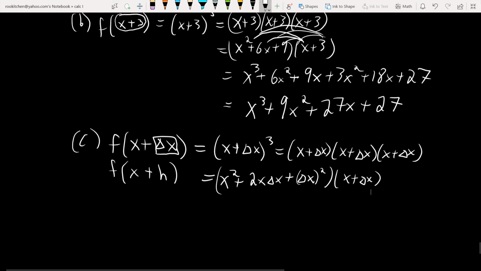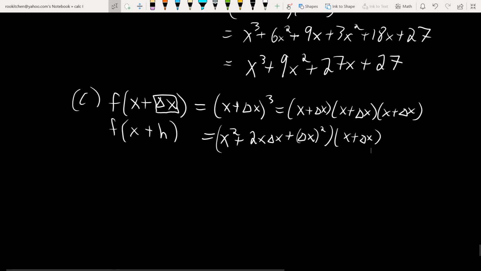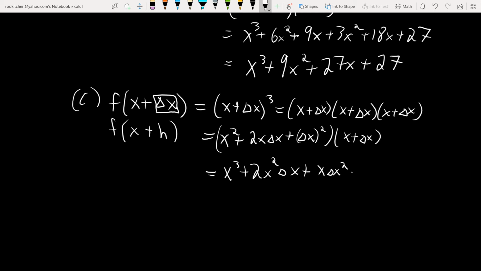If you know Pascal's triangle and the binomial theorem, you can just expand it using that. Most people don't know it by heart, so I do it the long way. I have x cubed plus 2x squared change in x plus x times change in x squared, plus x squared change in x plus 2x change in x squared plus change in x cubed.